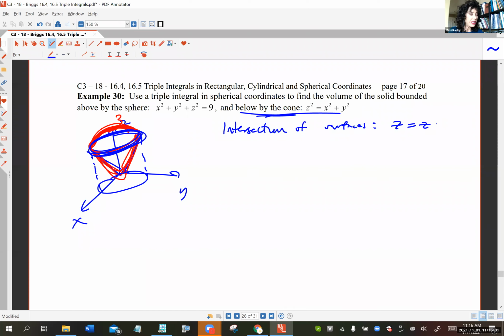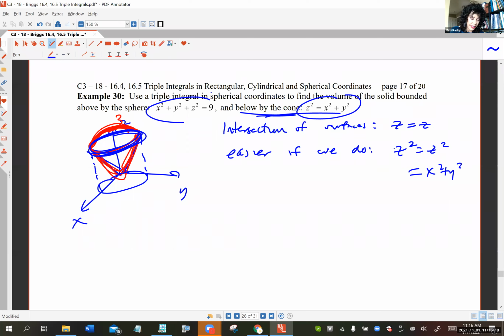Now, what's going to be easier is if you set z squared equal to z squared, because the cone is already given as a z squared. And then if you solve the sphere equation for z squared, you'll get 9 minus x squared minus y squared.